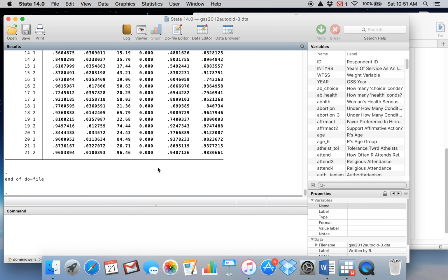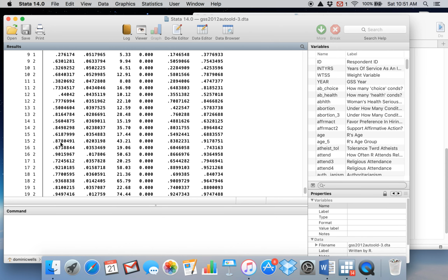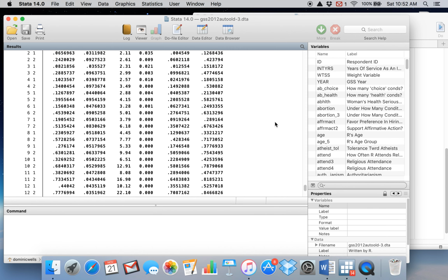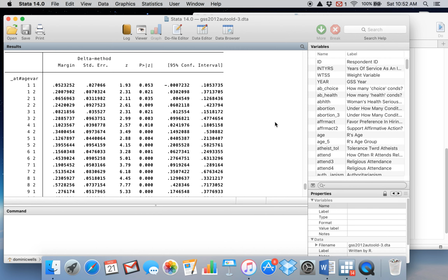So you can see that the changes are different in different parts of the scale, and these margins commands make understanding what logistic regression spits out at you much easier.